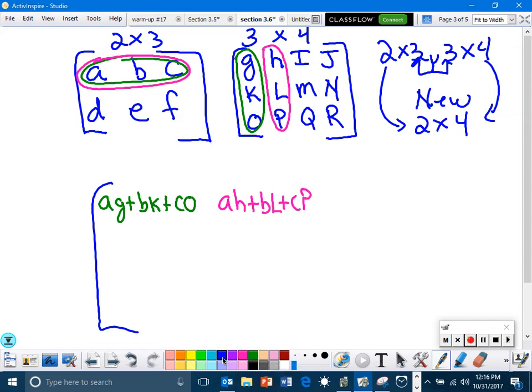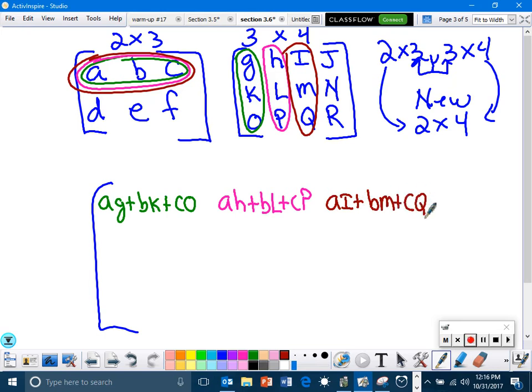All right, next one. Red. First row, third column. So now it's A times I plus B times M plus C times Q. Orange.